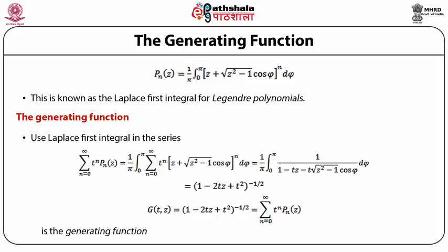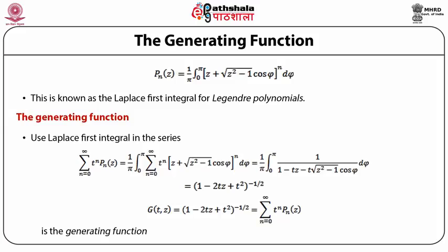So, summation over n going from 0 to infinity t raised to power n Pn of z is equal to summation over n going from 0 to infinity, then within the brackets t raised to power n multiplied by 1 by pi, then the integral over phi going from 0 to pi, within the brackets the term is given by z plus square root of z square minus 1 cos phi, brackets close, raised to power n.